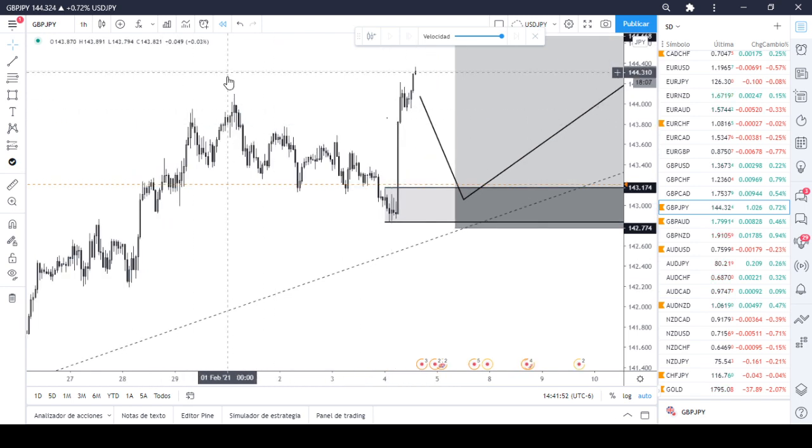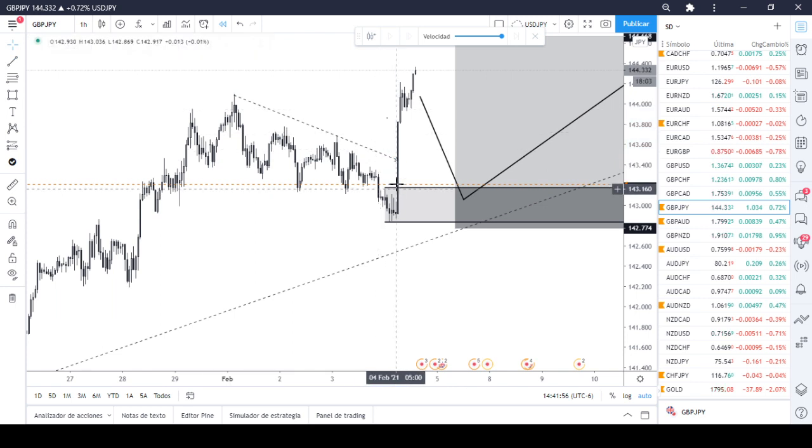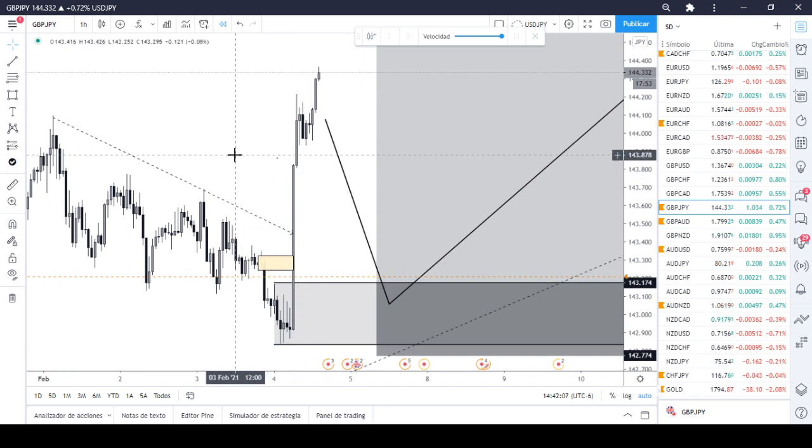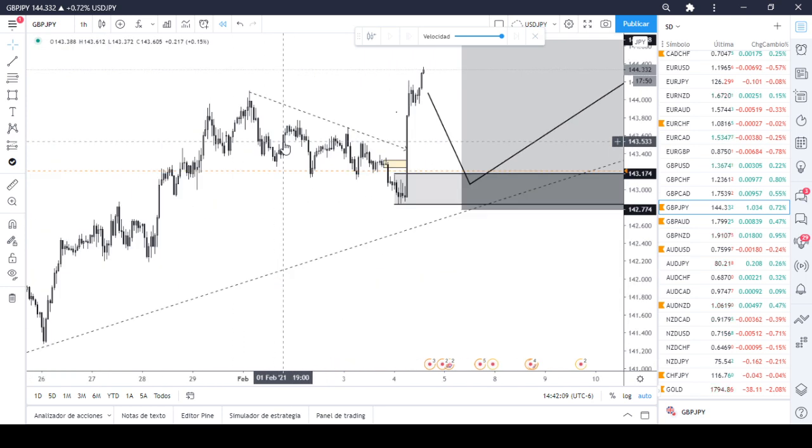Where's my evidence? Here. Why? Trend line being taken out. Supply zone being taken out. Trend line and supply zone. What's the level responsible for doing that? Here.